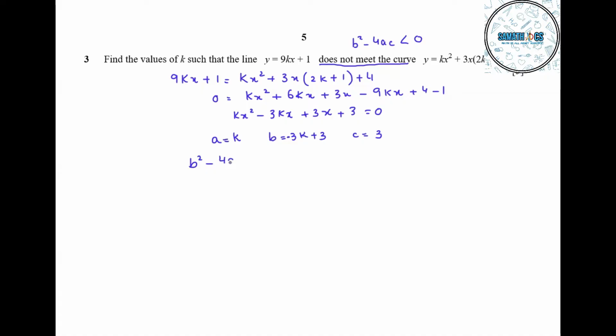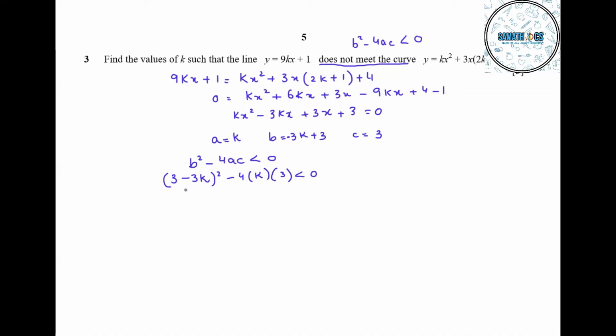So we will substitute the values. Minus 3k plus 3 can be written as 3 minus 3k. Minus 4 into a is k and c is 3, less than 0.